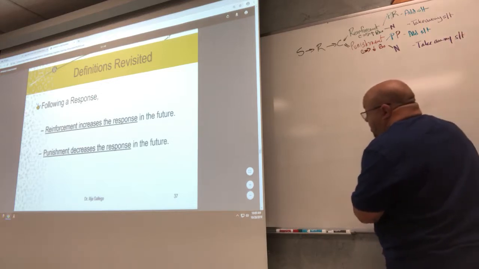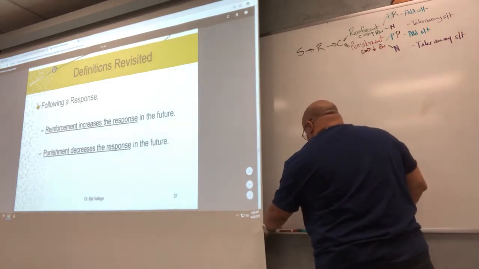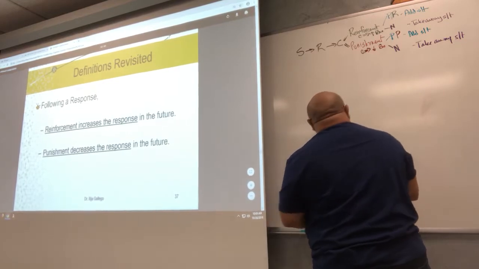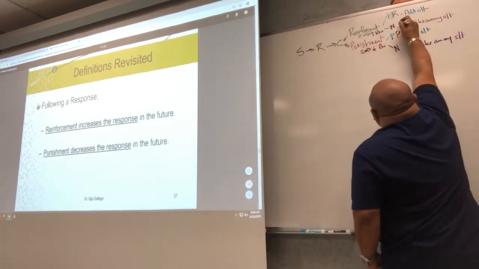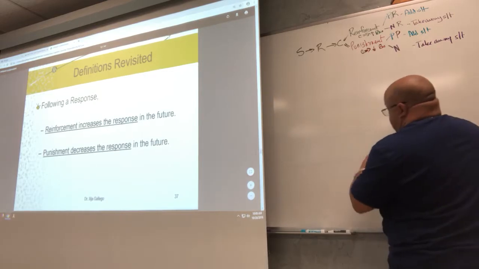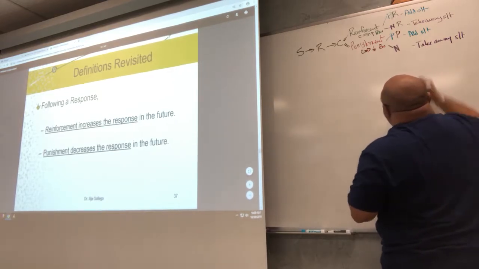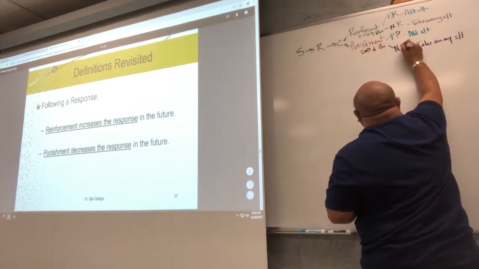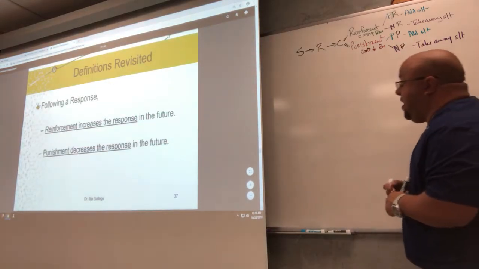All right, so whether we're talking about negative reinforcement or negative punishment, the negative part just means you're taking something away.